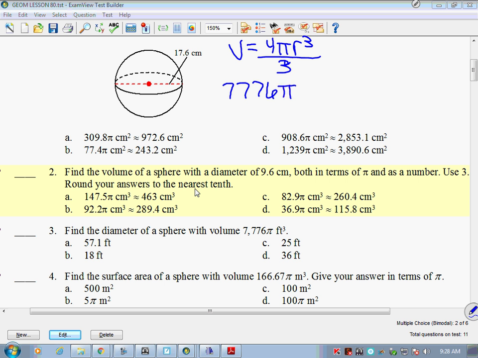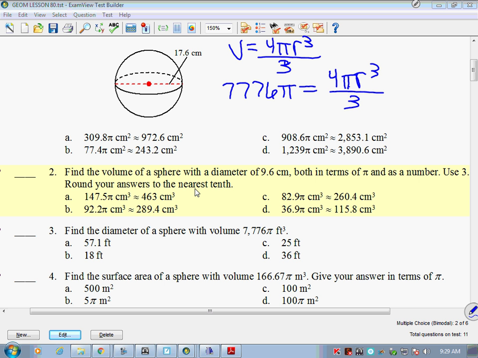So we're saying 7,776 pi equals 4 pi r cubed divided by 3. All right. Now, can I solve for diameter directly? Can I go straight to diameter and solve diameter in this question? What am I going to end up solving for first? Radius. And then what am I going to do once I have radius? Multiply it by 2. How would you begin to solve for radius in this question?